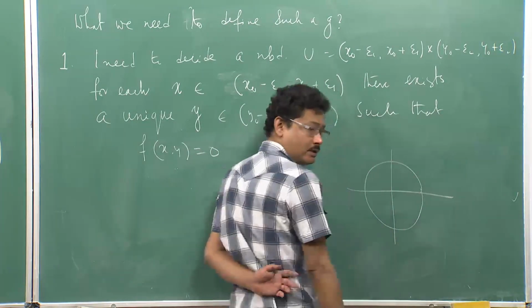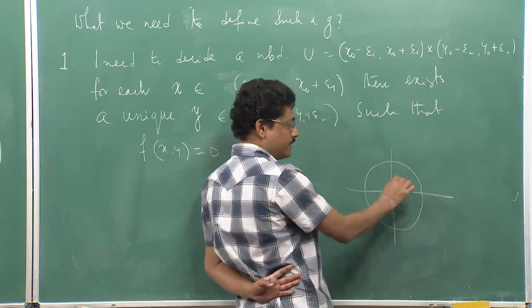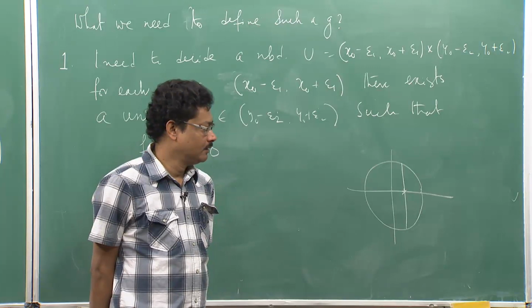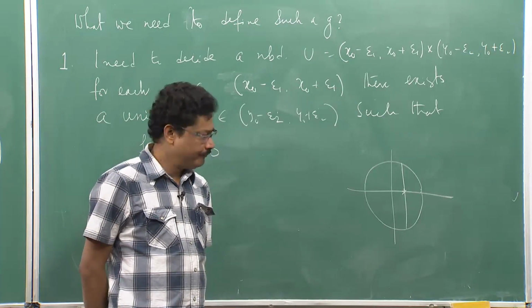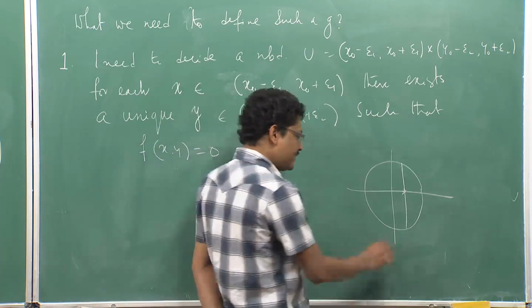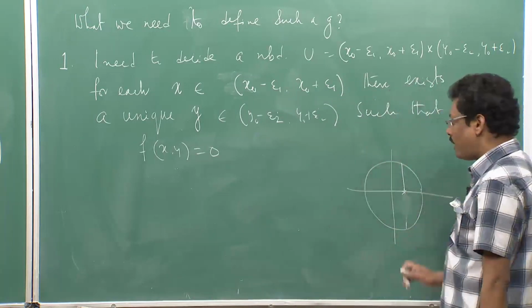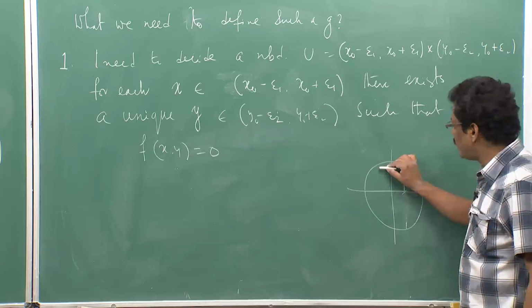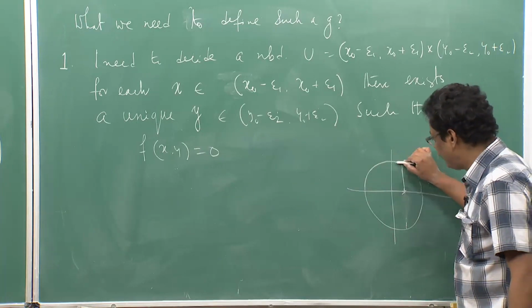So, that was the problem here for the circle. Given any x here, there were 2 y. But now I am asking this question locally. So, I will not look at the entire curve. I will look at, let us say, this portion of the curve only.